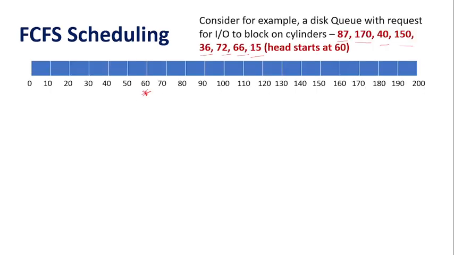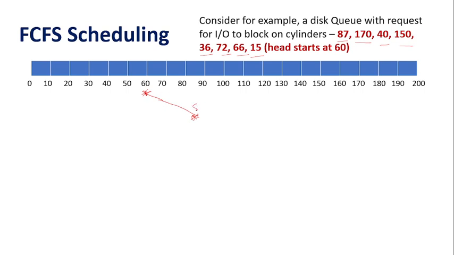So the first step is 60 to 87. This is the first line in the diagram. The path will move from 60 to 87.